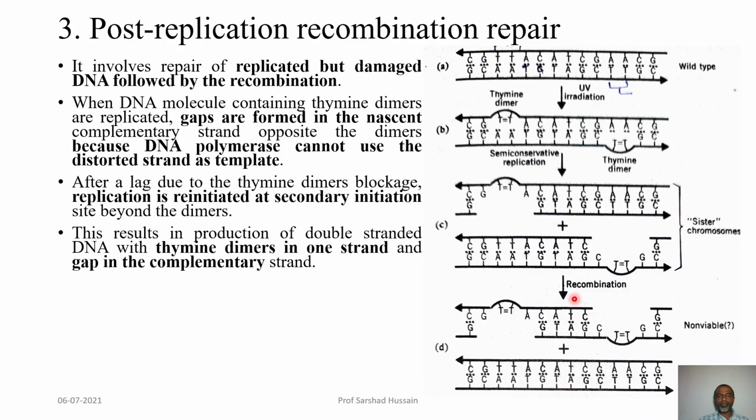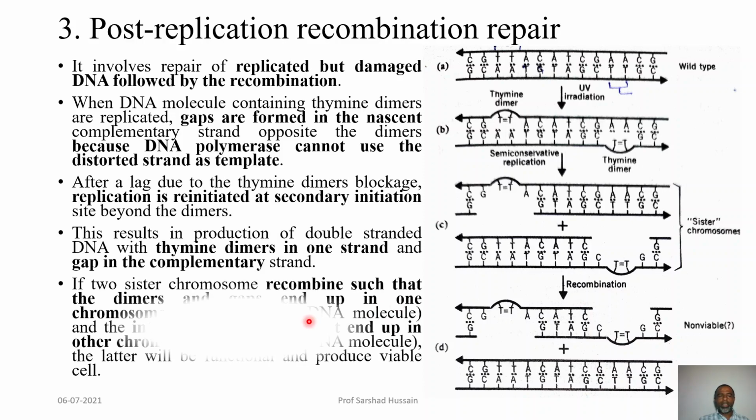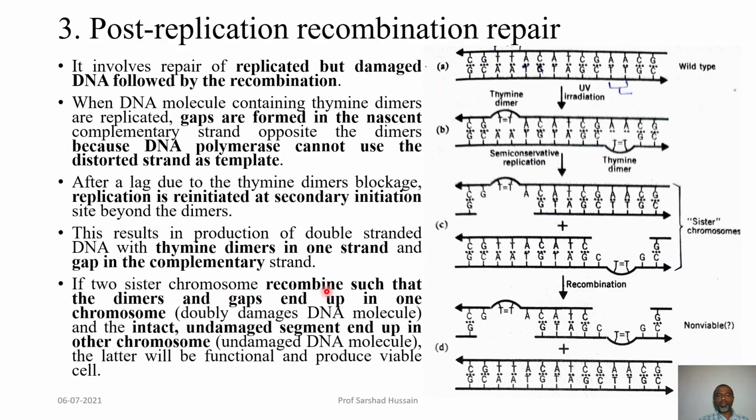That is, if the two sister chromosomes recombine such that, because you know this is one chromosome, this is the other chromosome, they recombine in such a fashion that the dimers and the gaps end up in one chromosome.